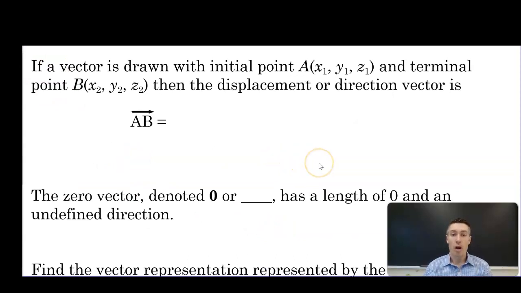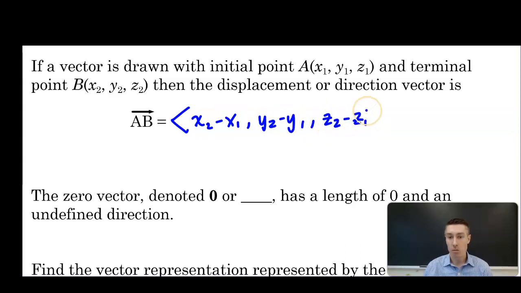If a vector is drawn with initial point A, which is x1, y1, z1, and terminal point B, which is x2, y2, z2, then the displacement or direction vector is, so we're creating a vector from point A to point B, and the way we're going to do that algebraically, we'll use vector brackets, so we're going to have x2 minus x1, y2 minus y1, z2 minus z1.